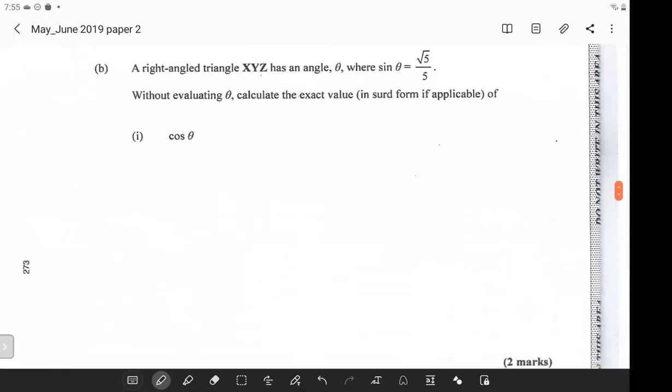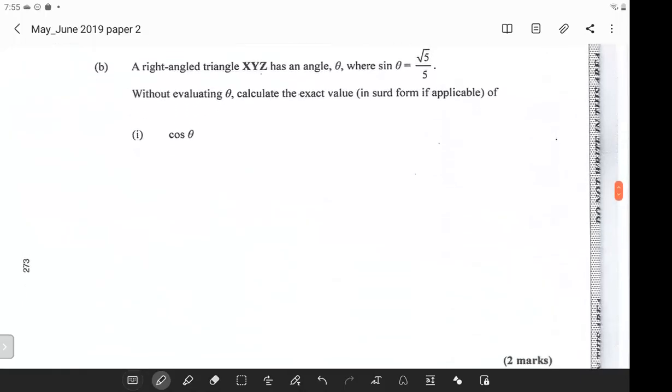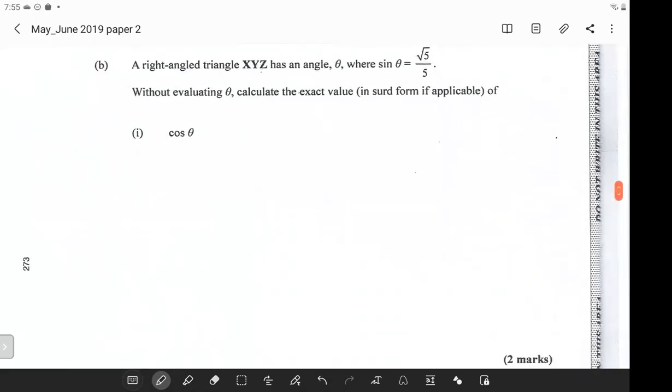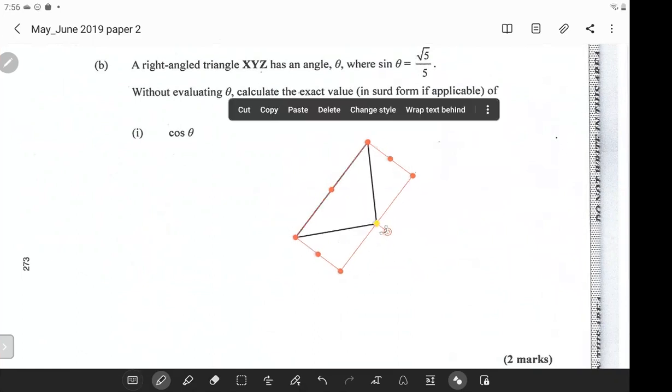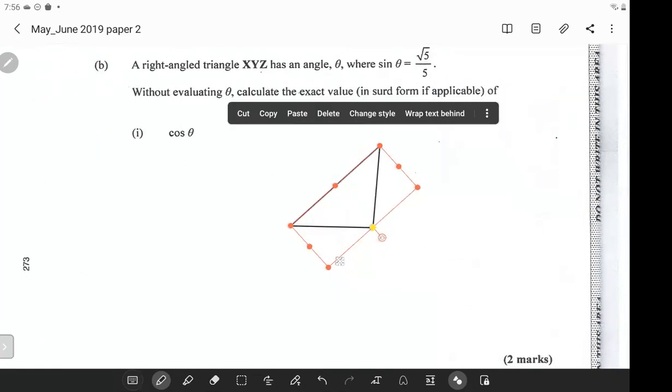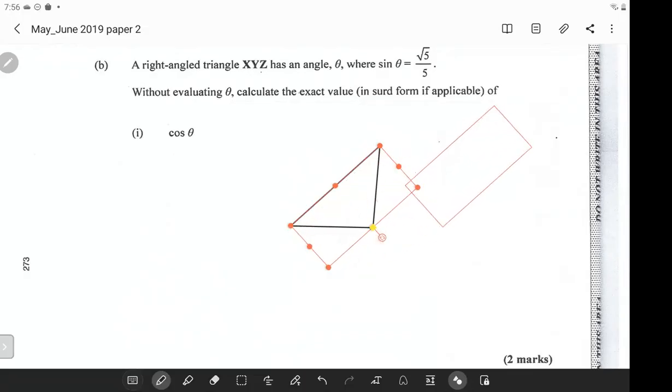Part B, a right-angled triangle XYZ has angle theta, where sine of theta is square root of 5 over 5. Without evaluating theta, calculate the exact value in surd form, if applicable, of cosine theta. So if we have our right-angled triangle, all right, let's put it right here.